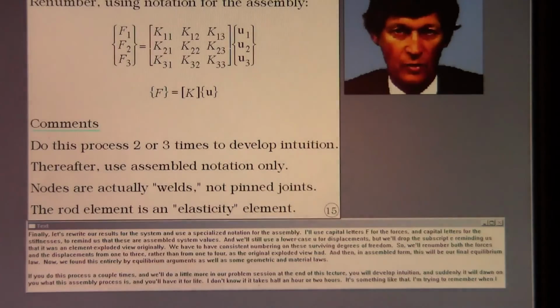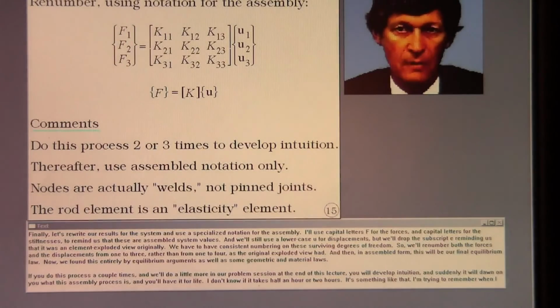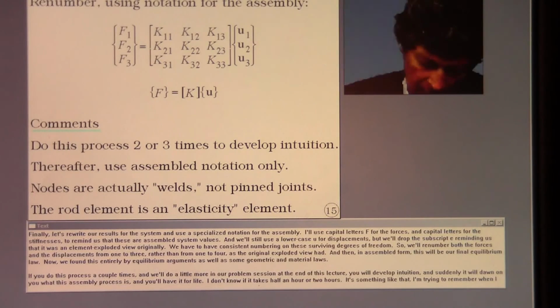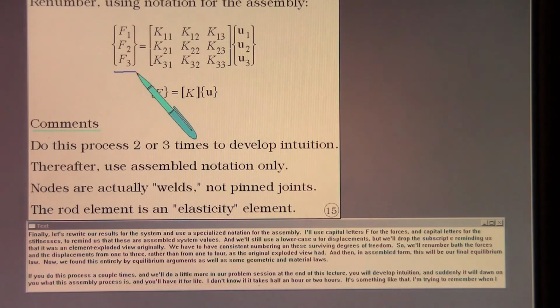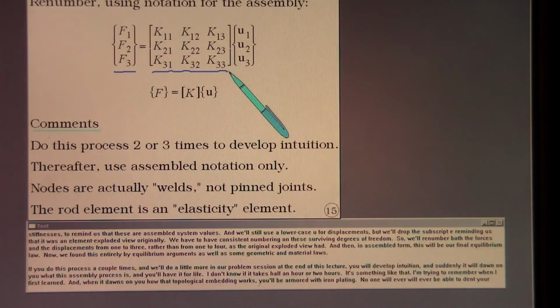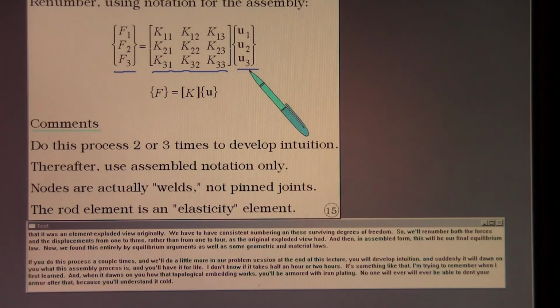Finally, let's rewrite our results for the system and use a specialized notation for the assembly. I'll use capital letters F for the forces and capital letters for the stiffnesses to remind us that these are assembled system values. And we'll still use a lowercase u for displacements, but we'll drop the subscript E, reminding us that it was an element exploded view originally.